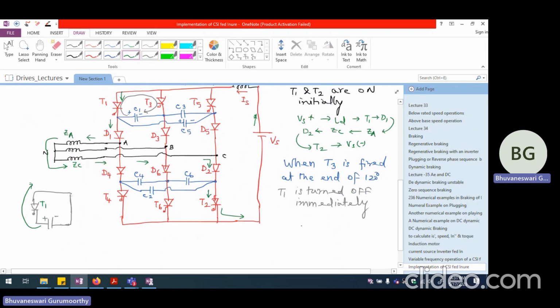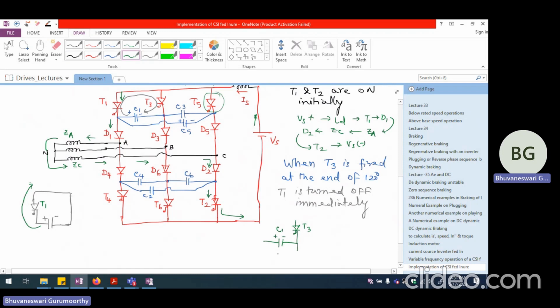This is IS. So I'm going to show mainly the devices involved. So let us say this is T3. From T3, if you look at it, C1 is the capacitor, which is having plus here and minus here. So this is C1. Whereas C3 and C5, both of them come in series because T5 is not conducting.